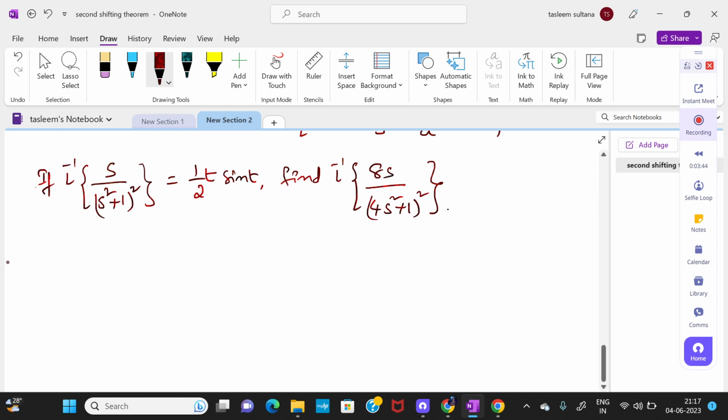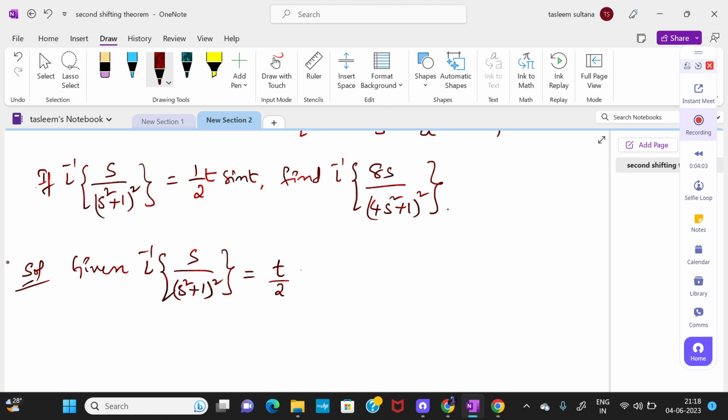With the given one only we can find this. Your solution, given: L inverse of s divided by s square plus 1 whole square is equal to t divided by 2 into sine t, right?